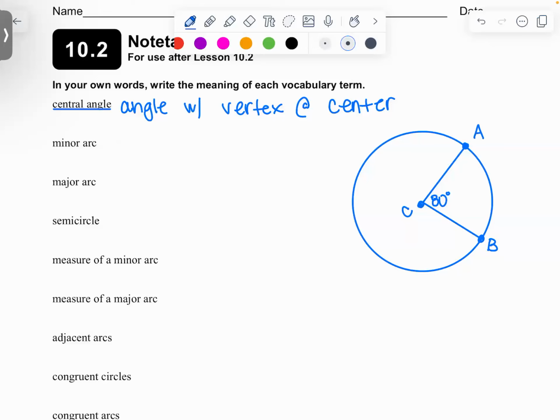So in this picture, angle ACB is a central angle. It's an angle with its vertex at the center.